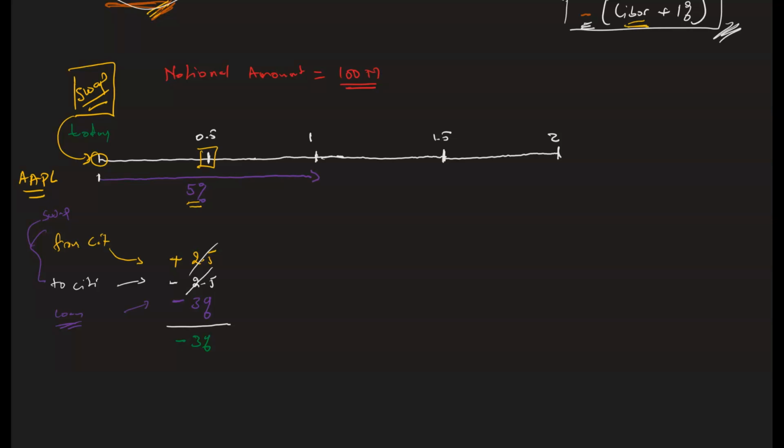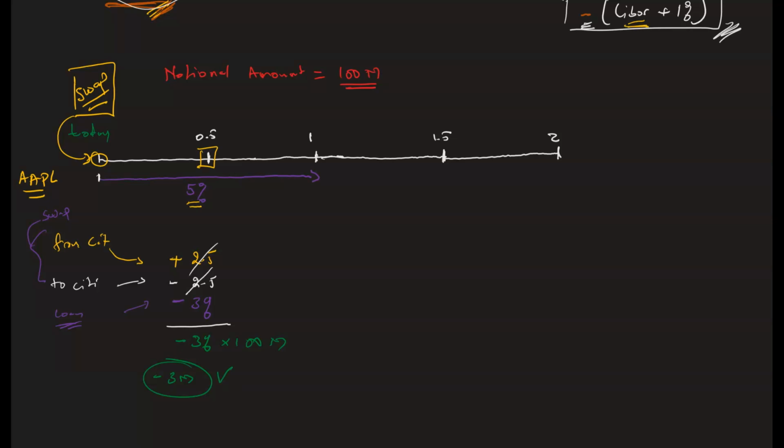And our notional is 100 million. And so 3% of 100 million, that's about 3 million. So our cash flow for this period here is going to be minus 3 million. That is our cash flow here at the end of the first period.